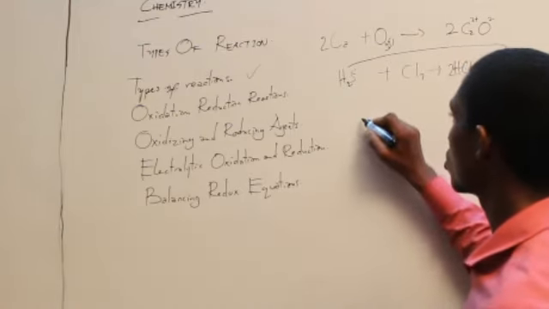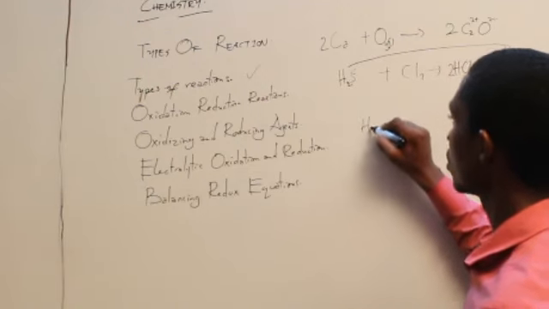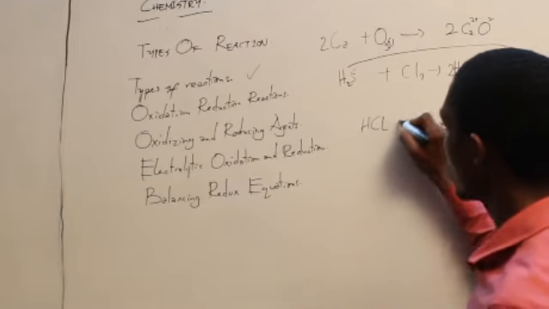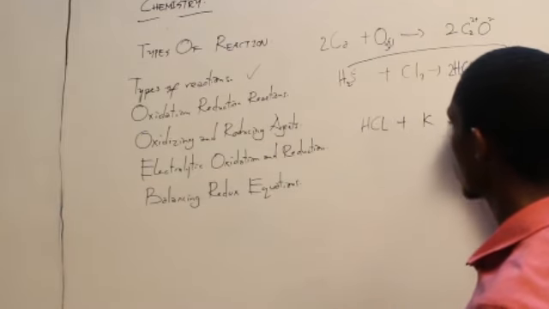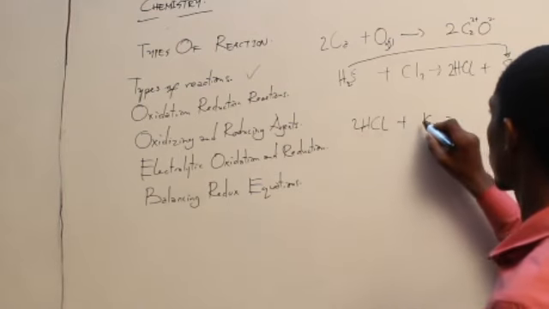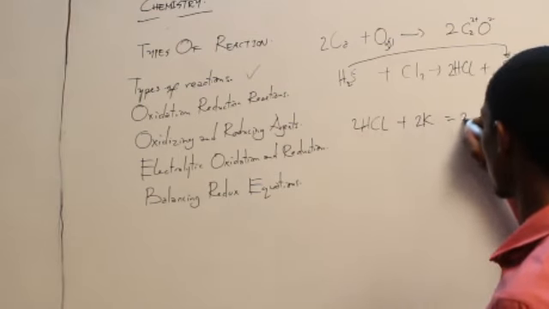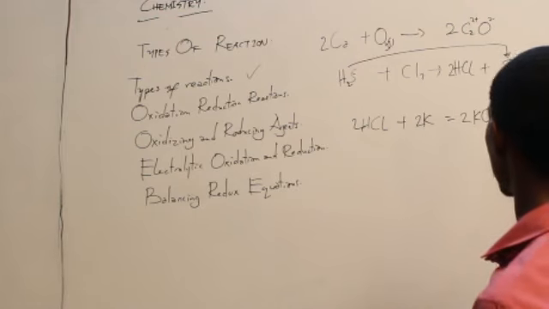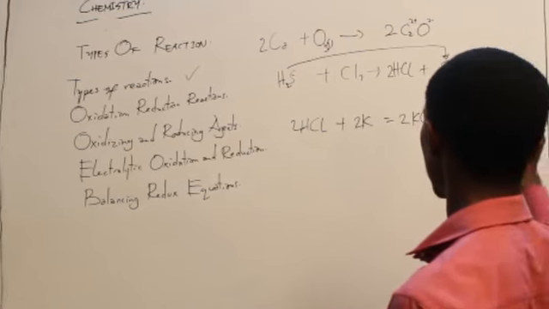Peradventure, we have something like hydrochloric acid, and we react hydrochloric acid with potassium to give us 2 KCl plus hydrogen gas liberated.